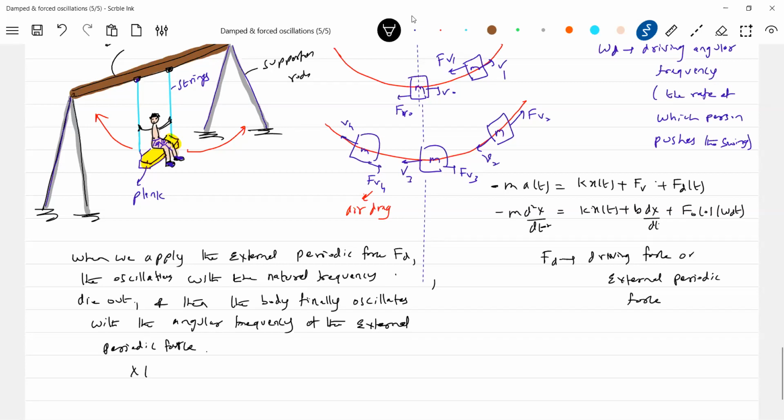So the displacement is given by A naught cos omega_d t, not omega naught.